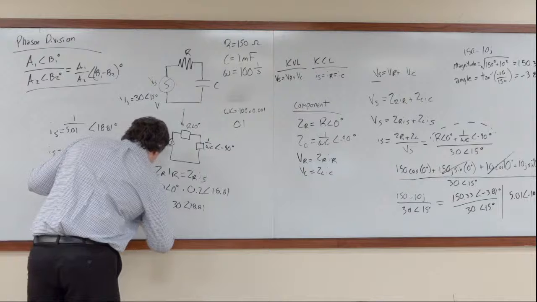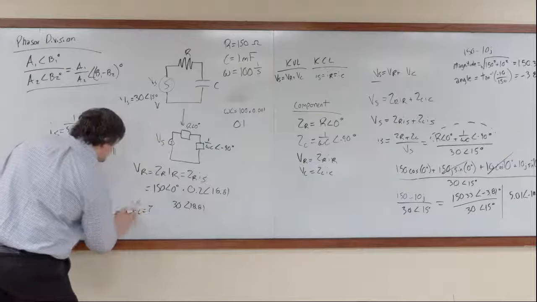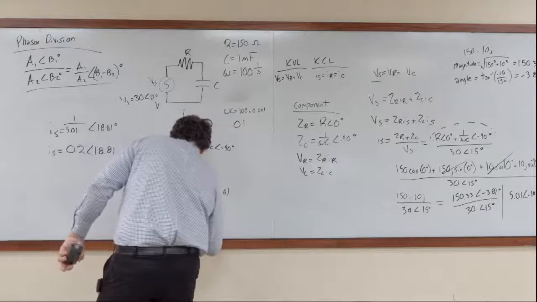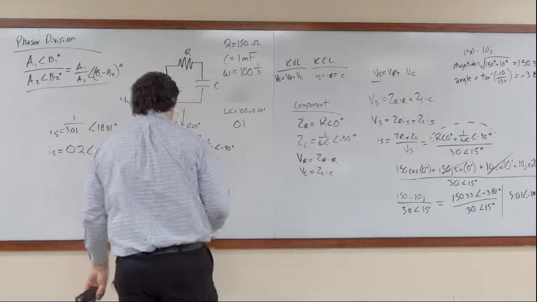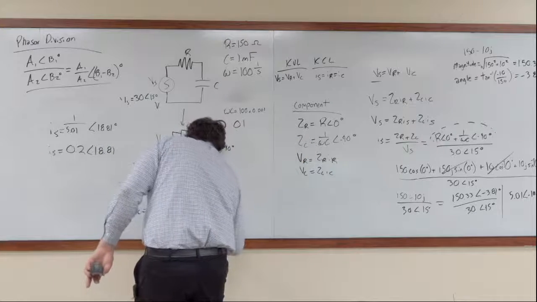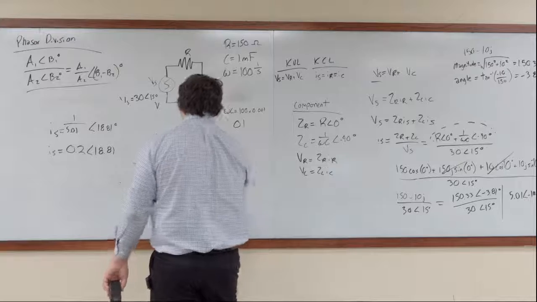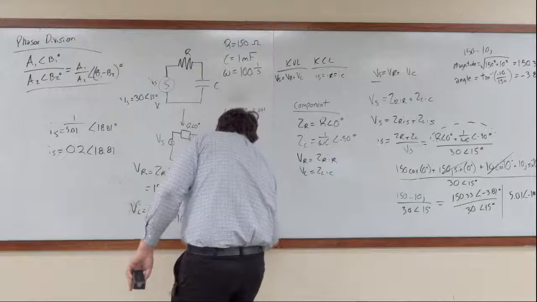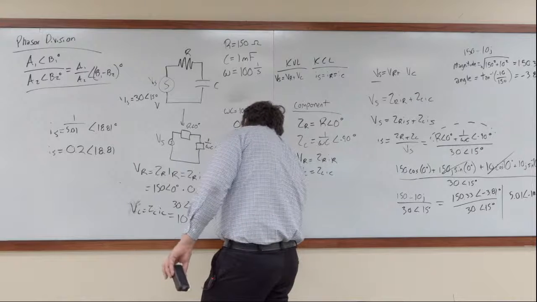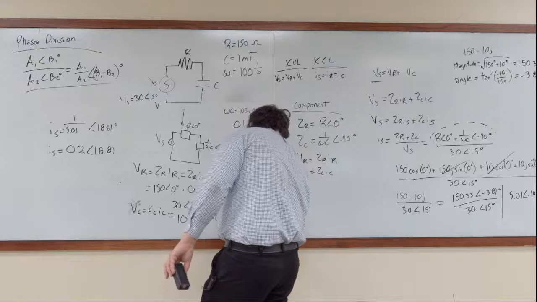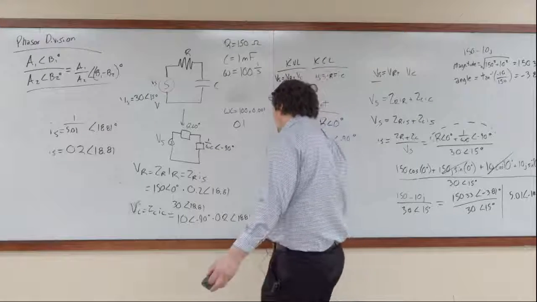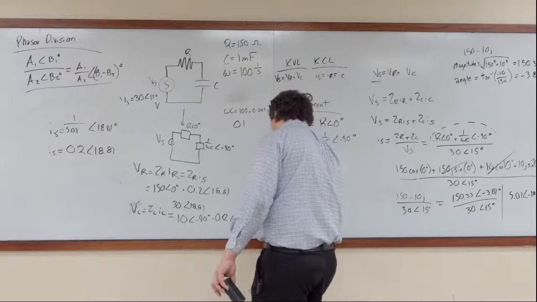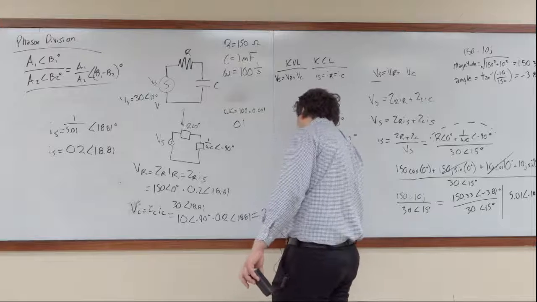So VC is equal to ZC IC, which is equal to 10 at an angle of -90 degrees times IC, which is 0.2 at an angle of 18.81. So this is going to be equal to about 2 angle, and we add them together, 71.19 degrees.